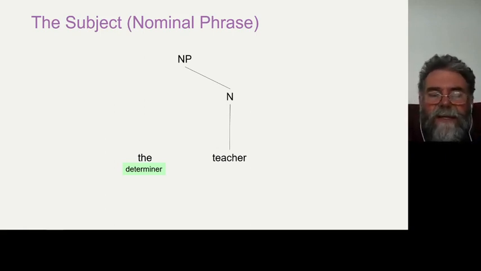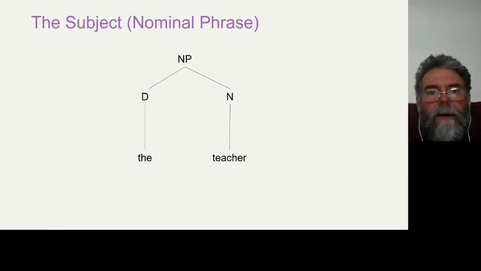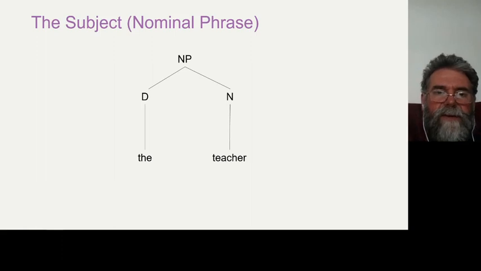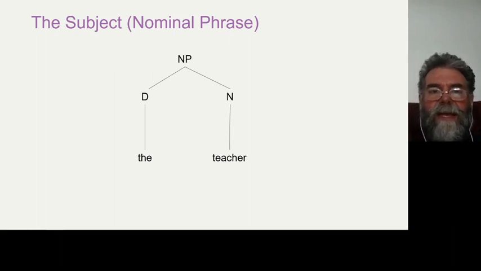These are all determiners. They all sit in the same position. And as you can see, they come before the noun inside the noun phrase. Sorry, inside the NP. So we can represent it like that. We've got a determiner position, here represented by the letter D, and in that position we can fit determiners. That comes in front of the N inside the NP.